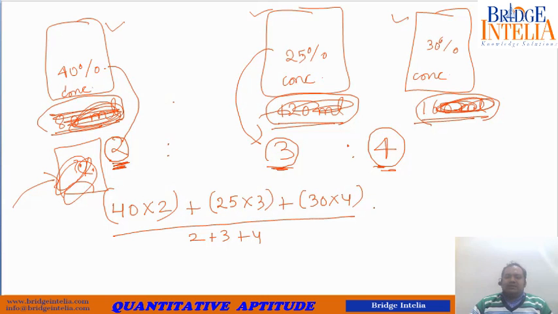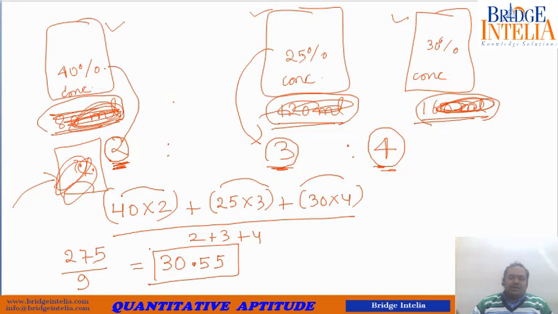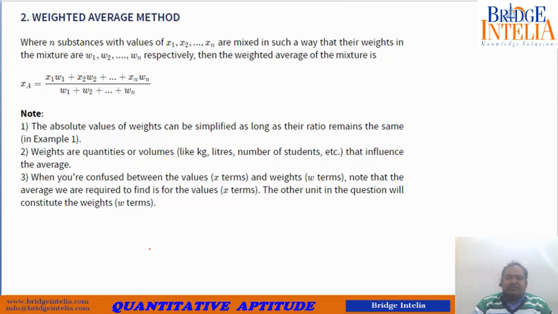Whatever answer you get from here, let's find out. 80 plus 75 is 155, 155 plus 120 is 275, divided by 9. That is equal to 30.55. So this is the concept of weighted average.